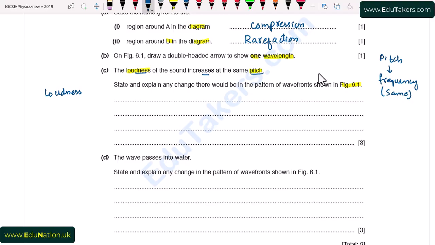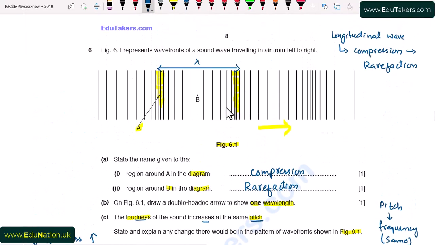And loudness is related with the amplitude. When loudness increases, amplitude also increases. I write here amplitude. Both of these are directly proportional to each other. When I increase the loudness, amplitude also increases, and when I decrease the loudness, amplitude also decreases. So in figure 6.1, the frequency of the waves remains same because the pitch is same.